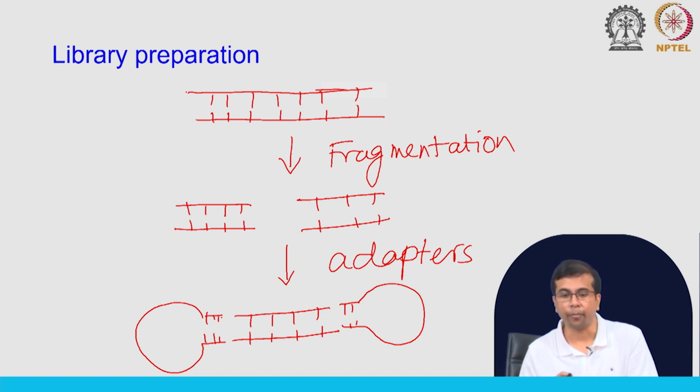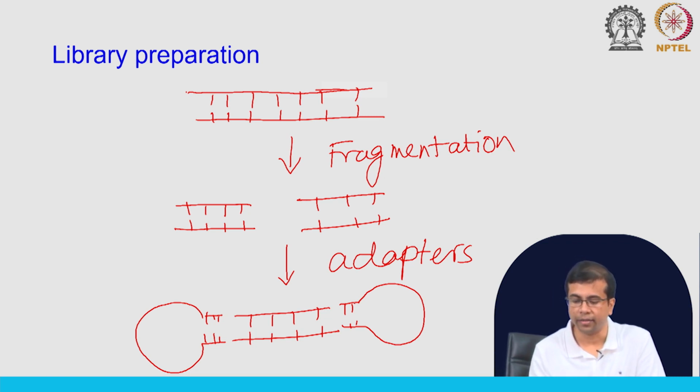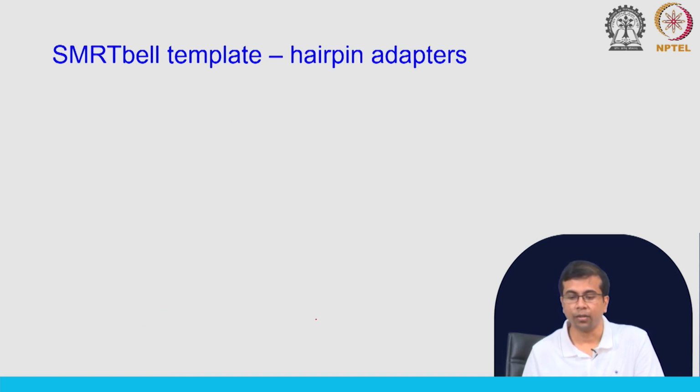The special part is that you have this double stranded part of the adapter and then you have the single stranded part. These are called SMRTbell hairpin adapters, so we get these dumbbell shaped molecules after the adapter addition.